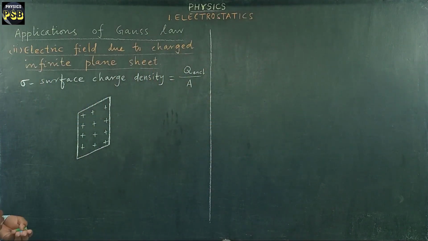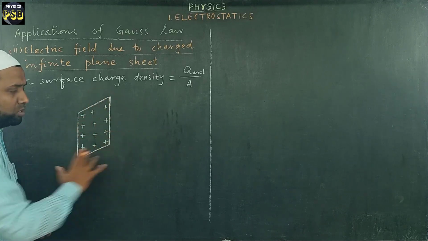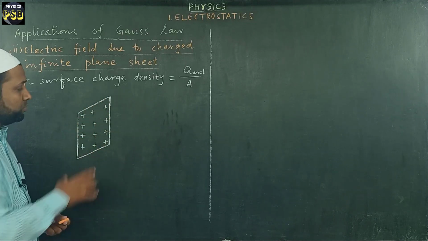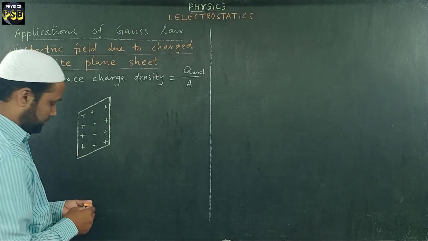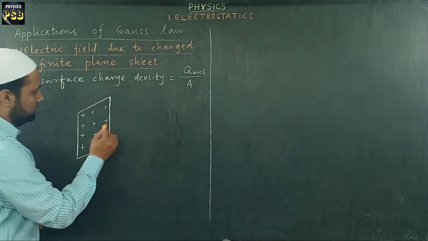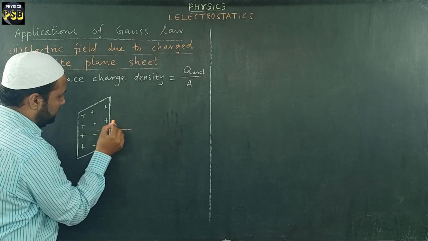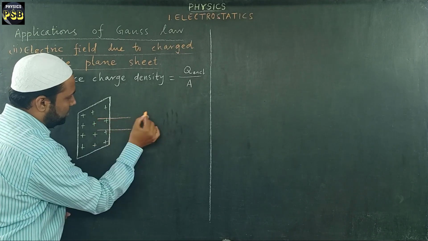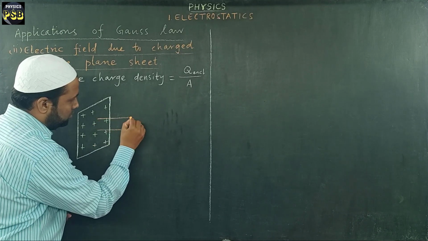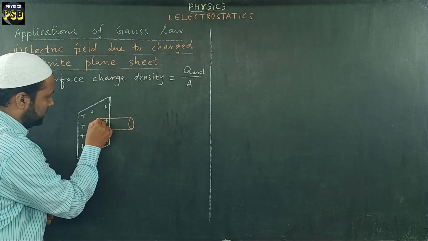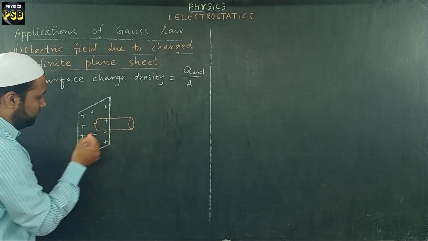This cylindrical shaped Gaussian surface is kept perpendicular to this plane sheet. Now I keep it this way. This is the Gaussian surface.